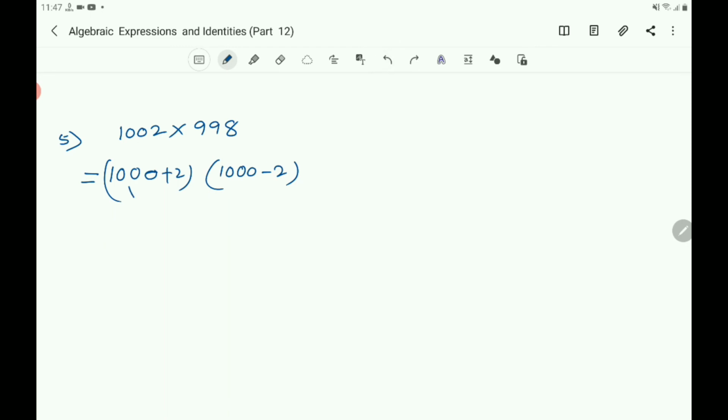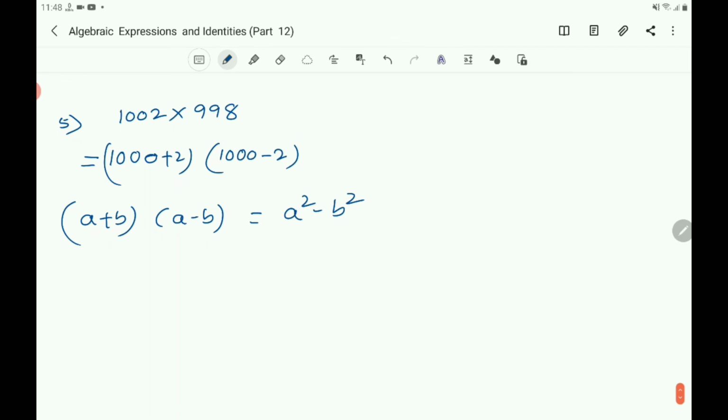Now you got it in the form a plus b into a minus b, because the first terms of these two are the same, the second terms are also the same. Then you write the identity a plus b into a minus b equals a square minus b square.